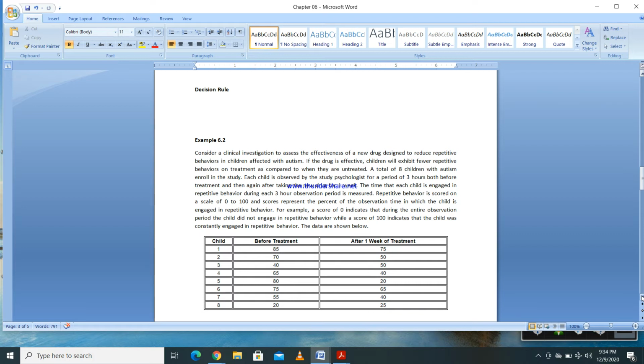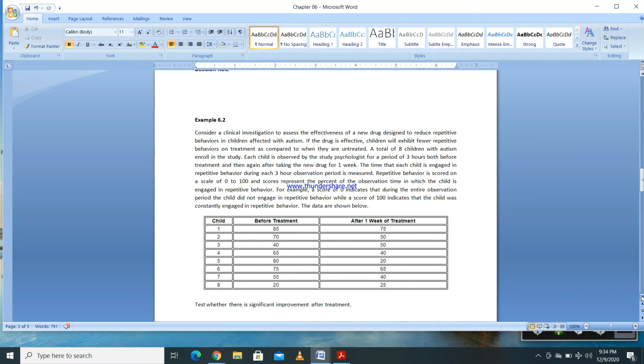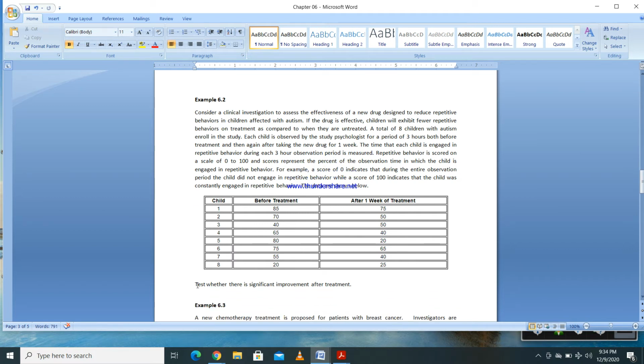So before the treatment, they measured the repetitive behaviors based on a score from 0 to 100 scale, and after 1 week, after the treatment, they recorded the repetitive behavior again. If the drug is effective, that drug should minimize the repetitive behavior, right? So in this case, you have to test whether there is a significant improvement after treatment, right?